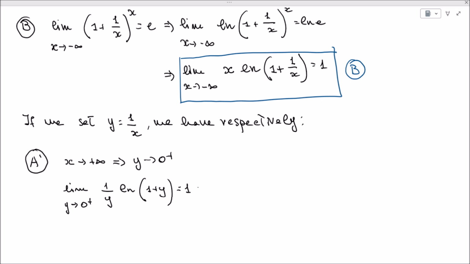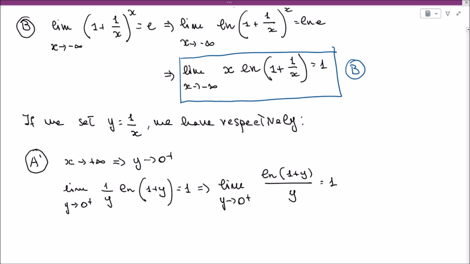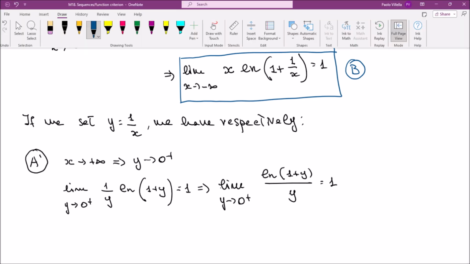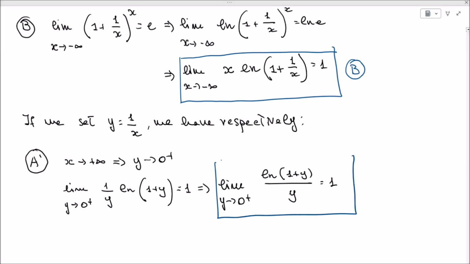I can just rewrite this as limit as y goes to 0 plus of the logarithm of 1 plus y divided by y, and we know at this point that this is 1. Okay, so this is A prime.